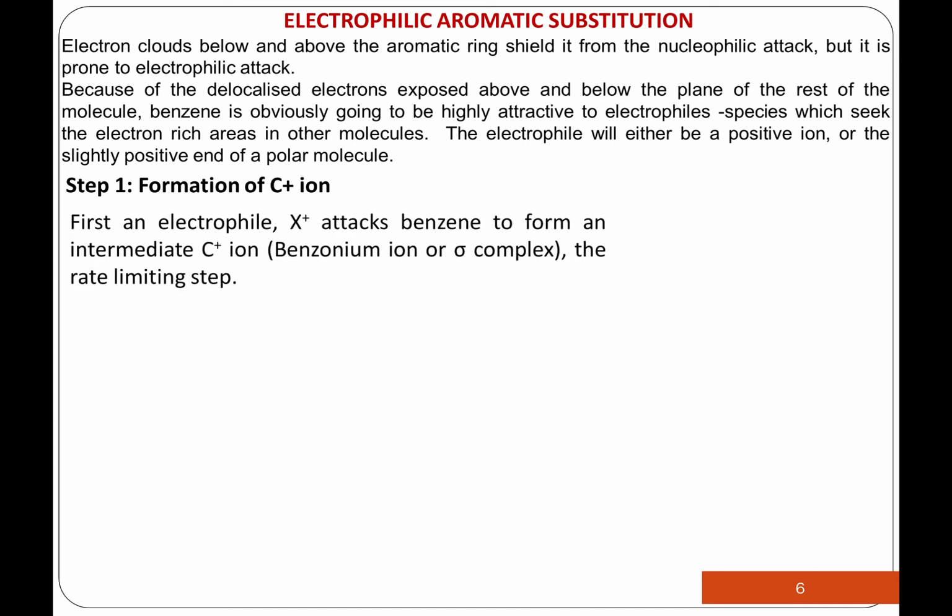So first the electrophile attacks the benzene to form an intermediate carbonium ion, which is also called a benzonium ion or a pi complex, and this is the most important step which requires activation, or it is the rate determining step. So the electrophile is attracted by the pi cloud, it gets attached, and this particular carbon has an additional valency, so it is positively charged, it is a carbonium ion.